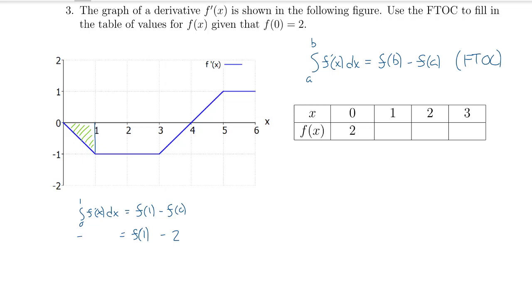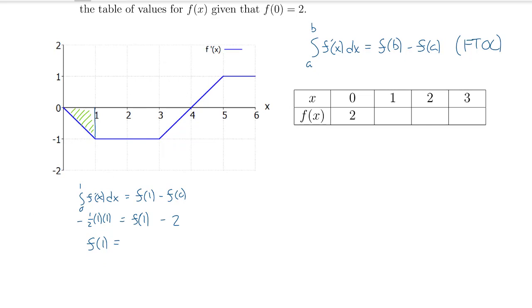So this will be a negative 1/2 times 1 times 1. So 1/2 base times height is the area of any triangle, and so that's what we end up with. So just solve this. When you add 2 to both sides, this gives you 3/2. And if you don't like fractions, just convert that into the decimal equivalent.